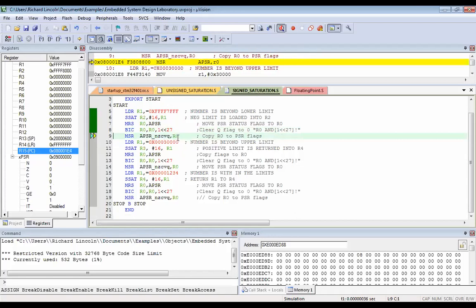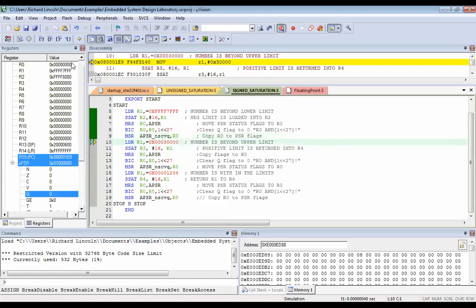Here now, R0's value will be moved to the status registers, which are N, Z, C, V, Q. N is already 0, Z is 0, C is 0, V is 0, Q should now become 0, because in R0 we have 0. So it is like transferring zeros to the flags. Now when I go with the next step, immediately this Q should turn 0. So it has turned 0, and the values have actually changed.